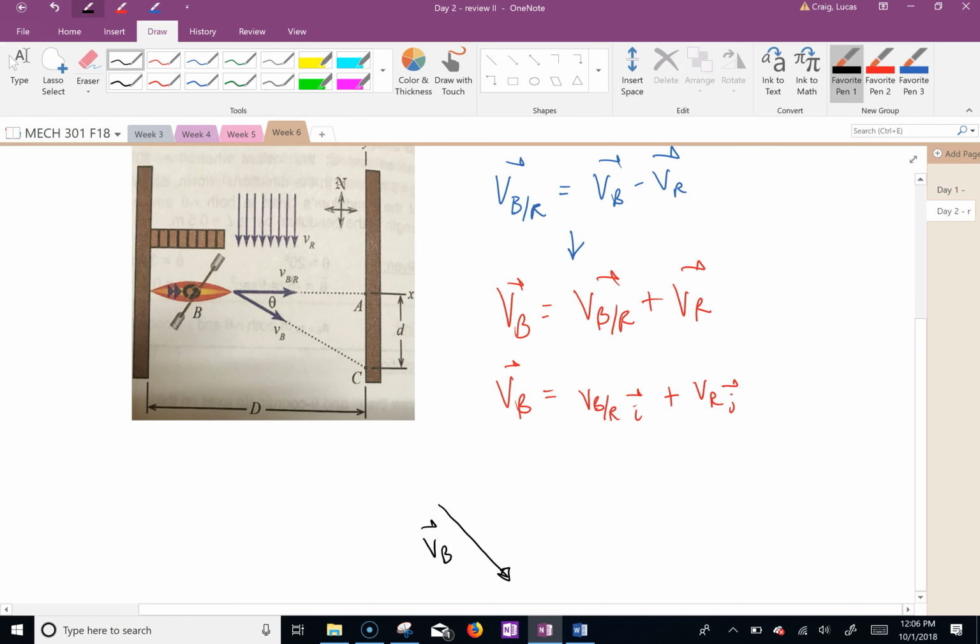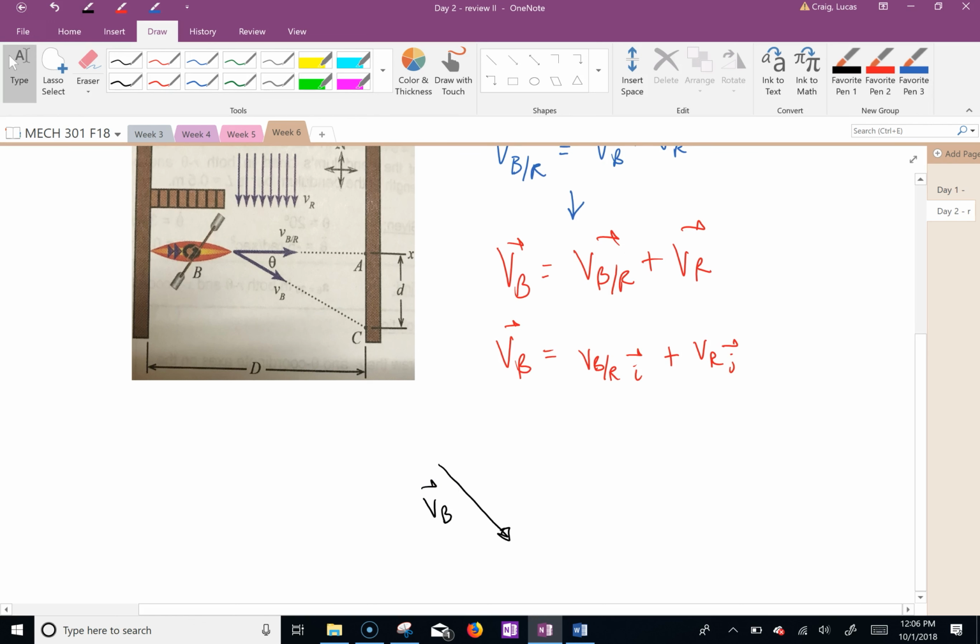That's the velocity vector of B, right? What are its components? This is VB with respect to i, and this one is VR. You see how those two are the components of that vector?